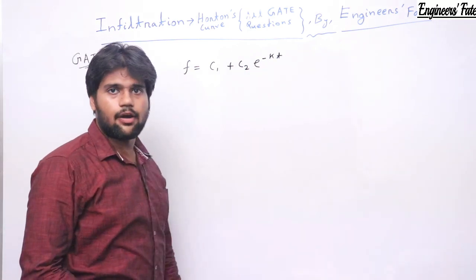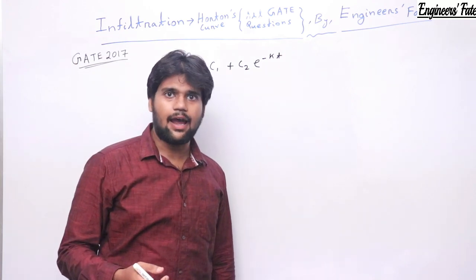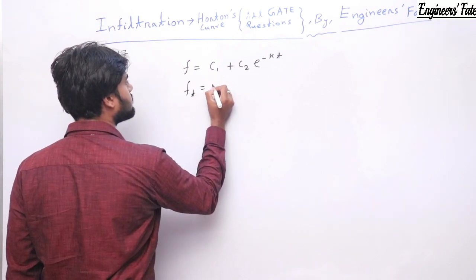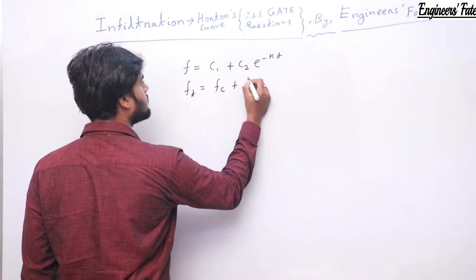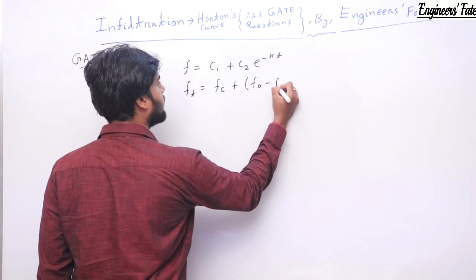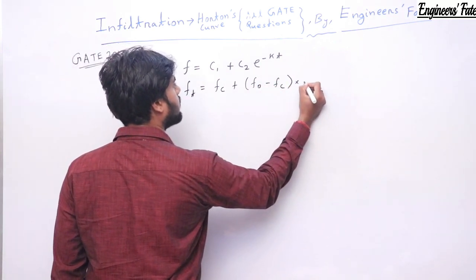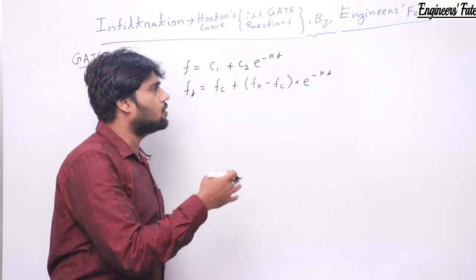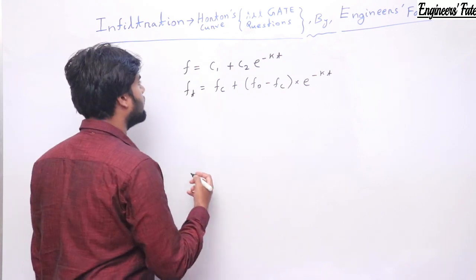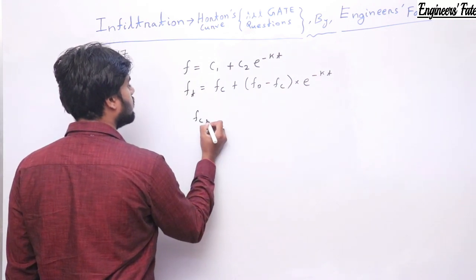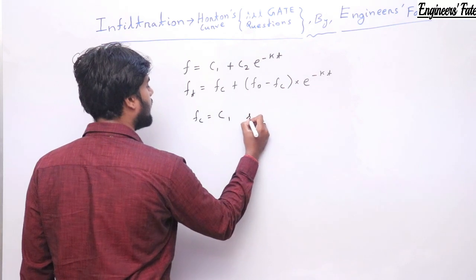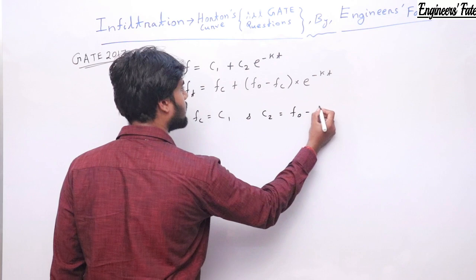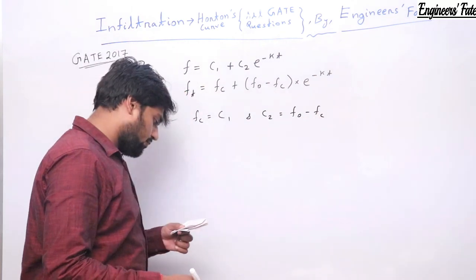In my previous video I have told you infiltration rate at any time t, Ft equal to Fc plus F0 minus Fc into e to the power minus kt. If I compare the two equations, I can write that Fc equal to C1 and C2 equal to F0 minus Fc.